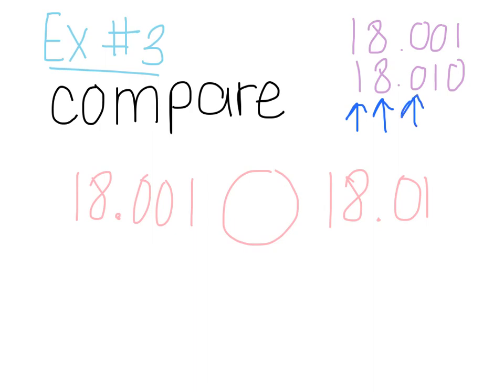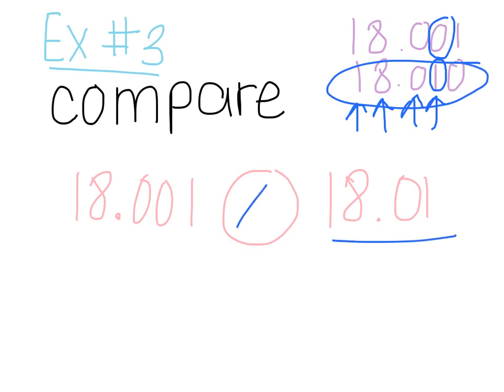In the tenths place, they both have a 0. But then in the hundredths place, this one has a 1 and this one has a 0. 1 is greater than 0. So this number is my greater number. It actually reads 18 and 1,000th is less than 18 and 100th.